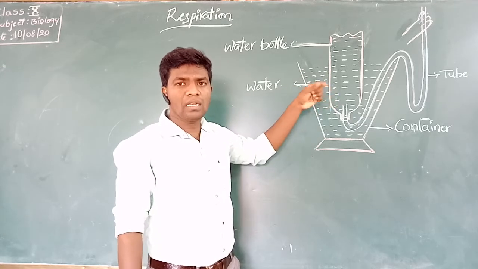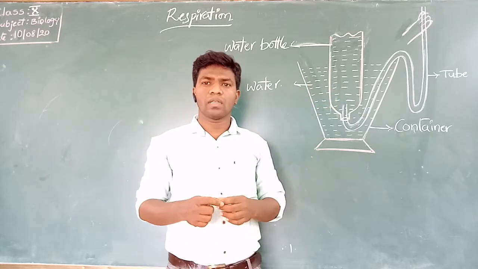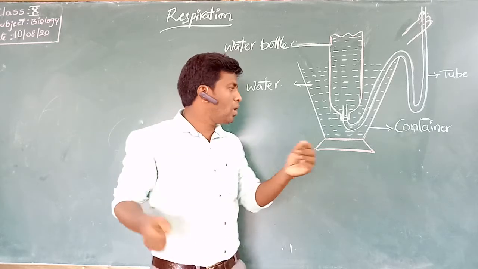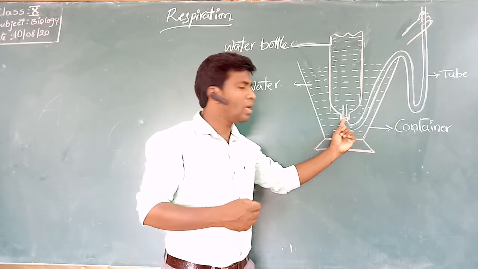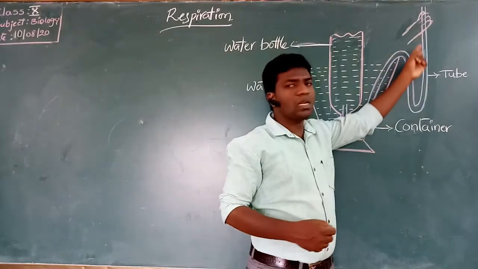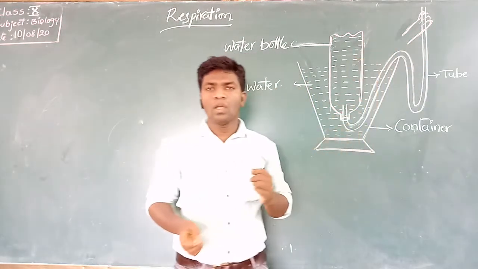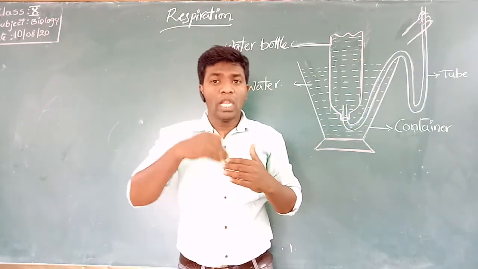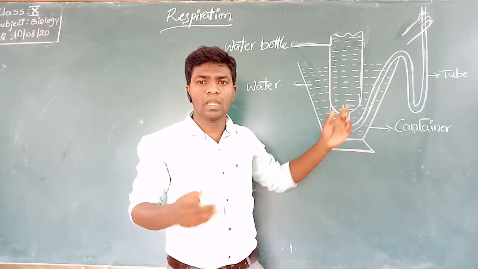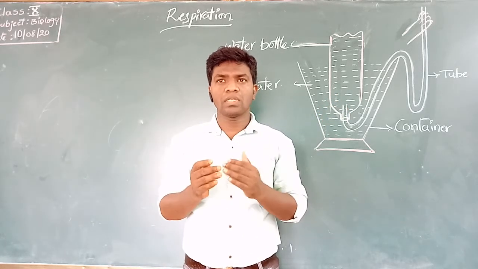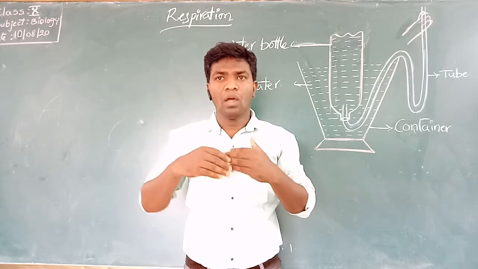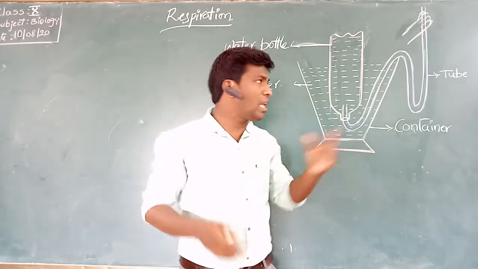Then take one tube and insert one end of the tube into the bottle, and leave the other end outside. Dear students, while you are inverting the bottle, remember one thing. What is that? No air bubbles should remain in the bottle after you invert it.